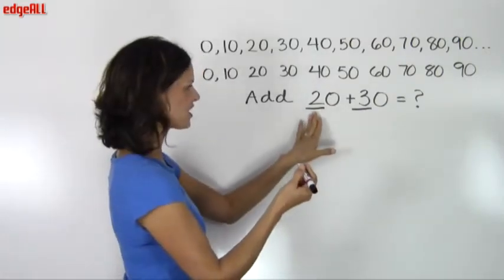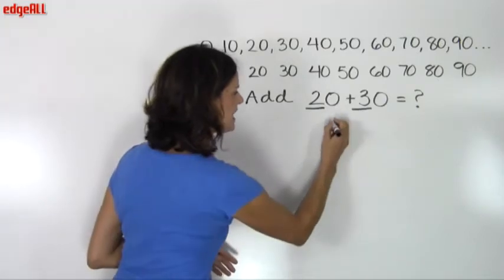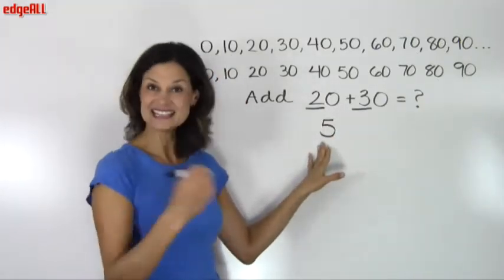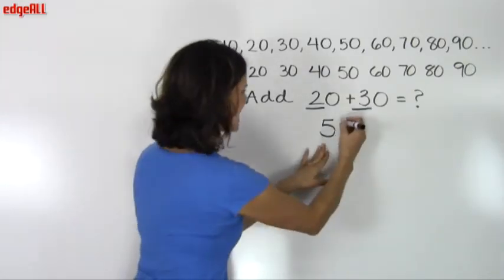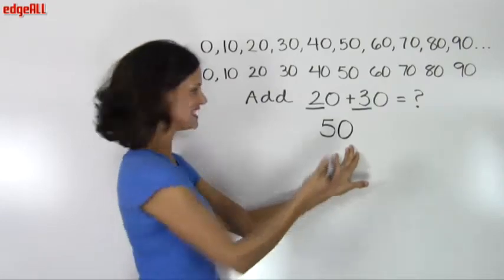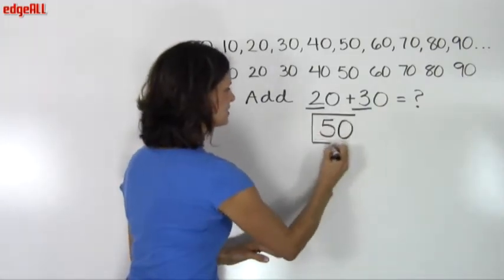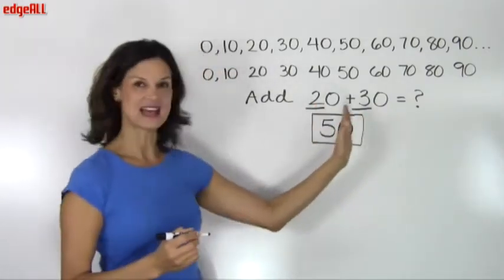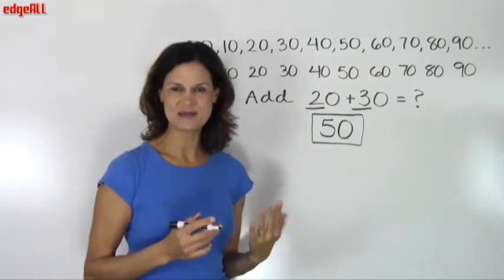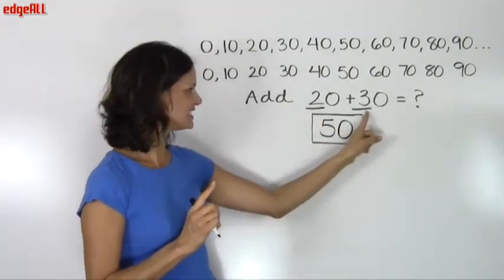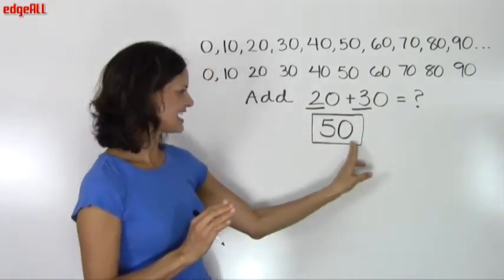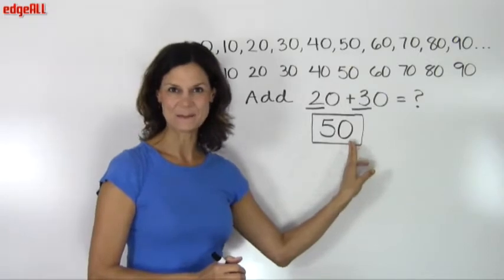So we put a 5 here, and then we add a 0 to the end of the sum to make that 50. So the answer to 20 plus 30 equals 50, and I found it simply by adding the two digits in the tens place together and then adding a 0 to the end of their sum.